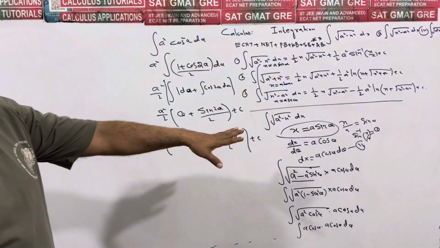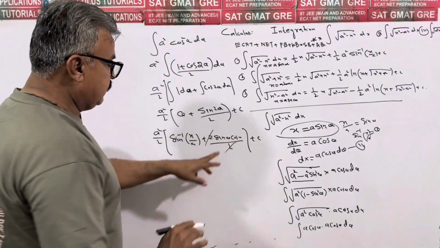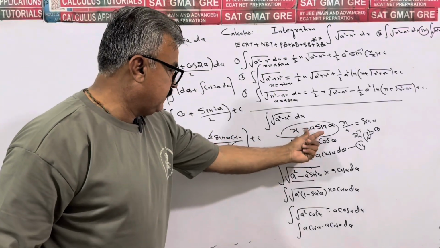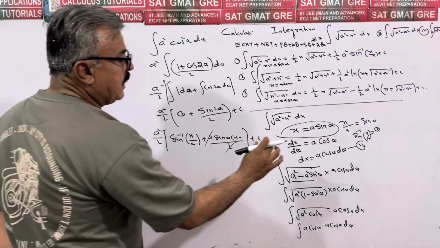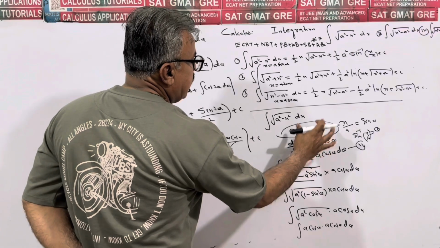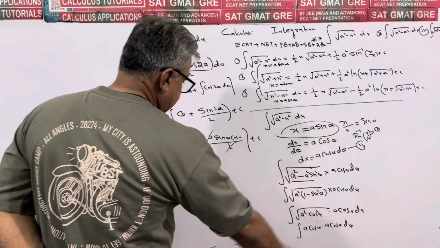Okay, cool. What have we assumed? Sine theta. We can easily manage the value of sine, that is x over a. For cosine, we have to convert cosine into sine because our entrance is sine, so our exit must be sine.